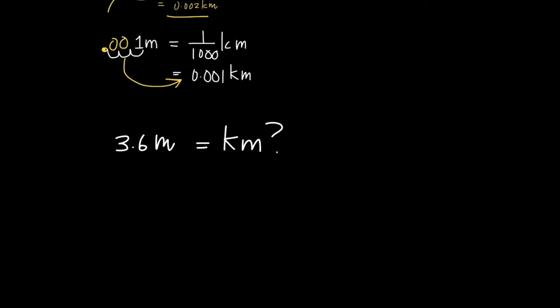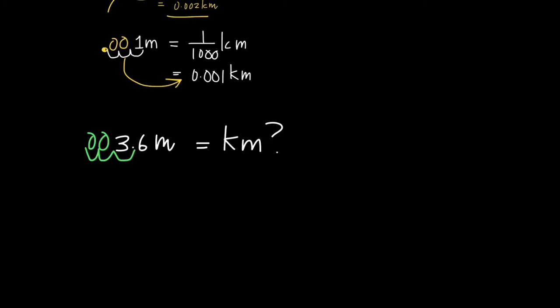3.6 m to a kilometer means dividing by 1,000, and dividing by 1,000 will move the decimal point 3 places to the left. So if we do that, 1, 2, 3, so that's a 0 and a 0.